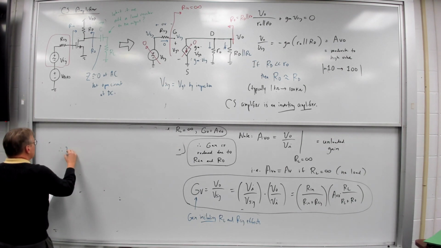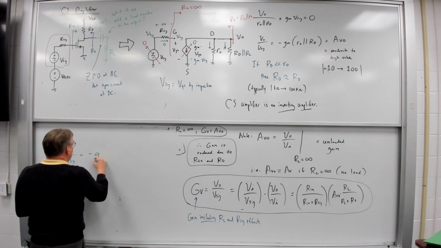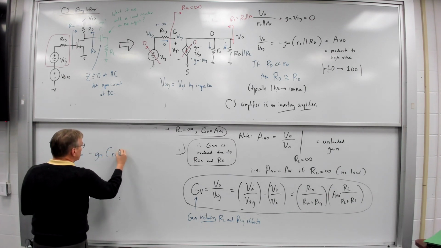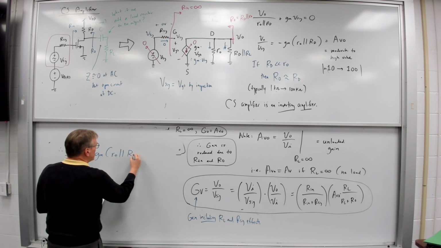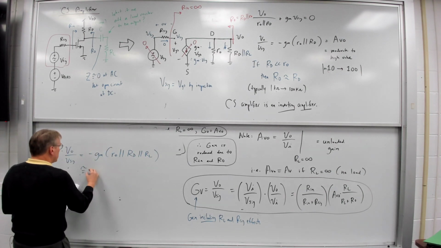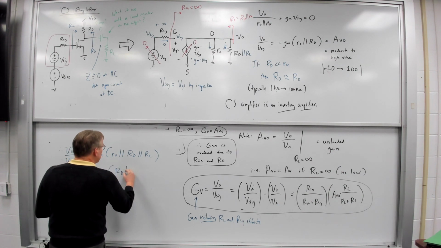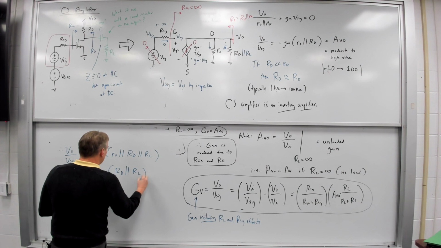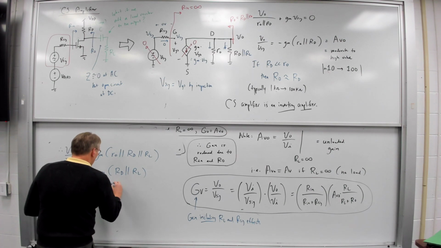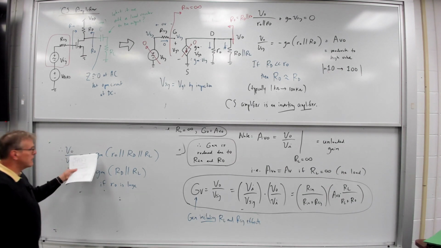Therefore what we get is VO over V sig is now going to be equal to minus g sub m times R sub O in parallel with R sub D in parallel with R sub L, which will be approximately equal to minus g sub m times R sub D in parallel with R sub L if R sub O is large. So if the drain source resistance of the transistor is large.